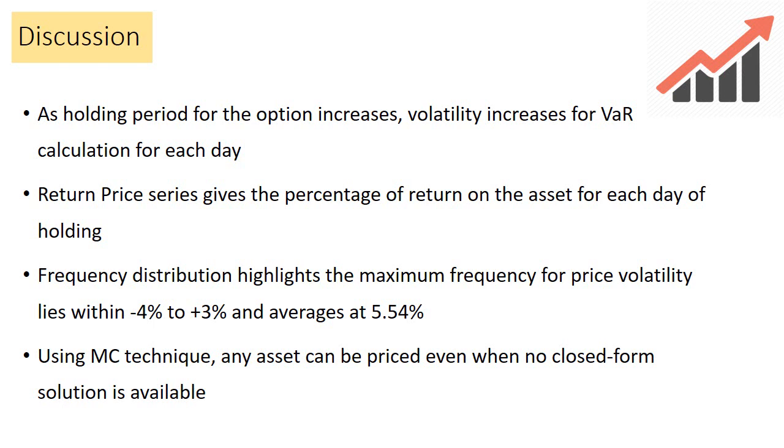This is because the market is a very dynamic environment with many changing forces influencing the trends. Also, the return price series gives the percentage of return on the asset for each day of holding. The frequency distribution graph, which we just saw in the last slide, highlights the maximum frequency for price volatility rise within -4% to +3% and averages at 5.54%.